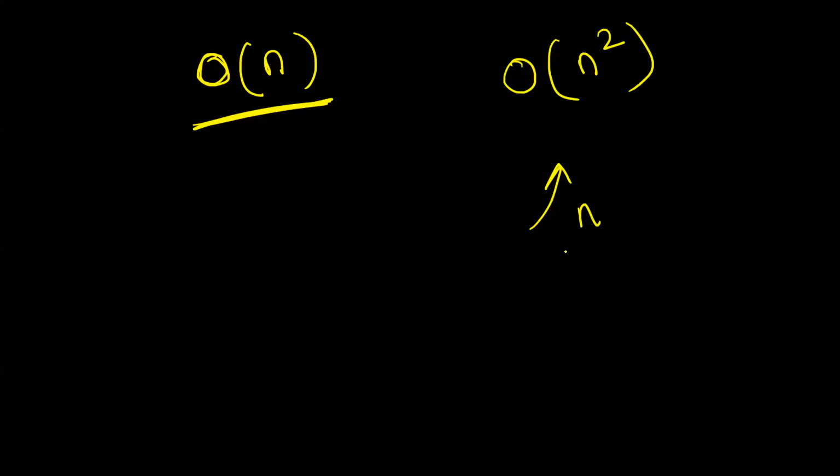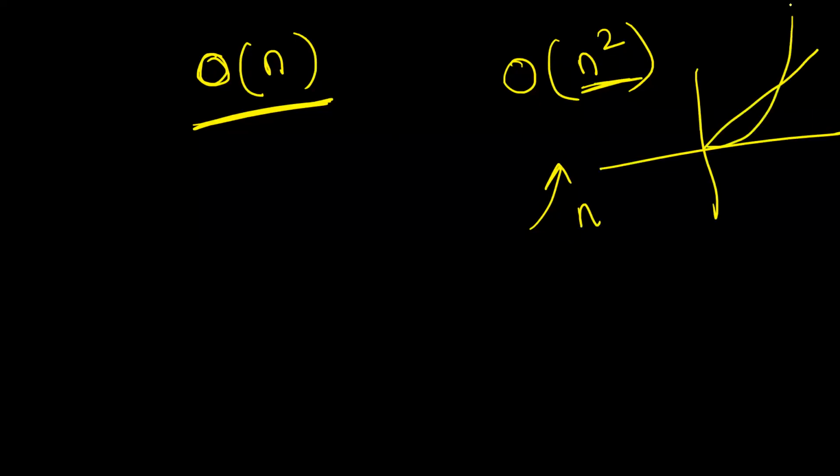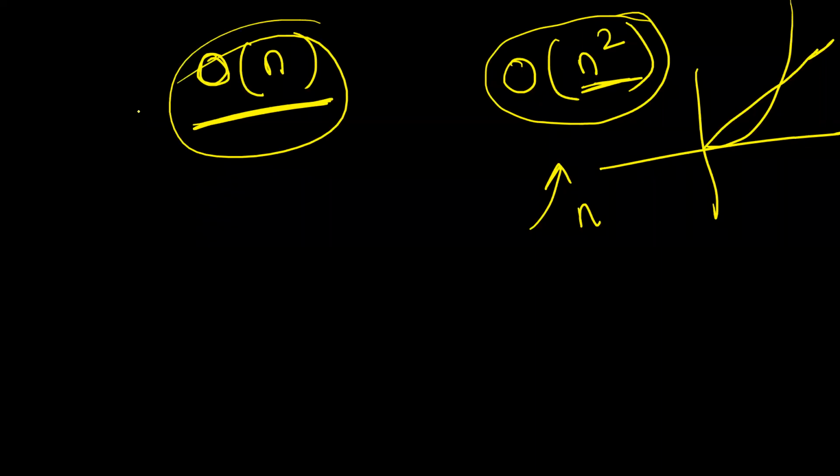So when n is very large, definitely n square, if you look at the graph now, will grow at a much, much faster pace as compared to n for large values of n. So definitely this will be more time consuming as compared to this. Do you agree? Yes. Okay. But see guys, it can happen that for small values of n, this might be comparable with this.